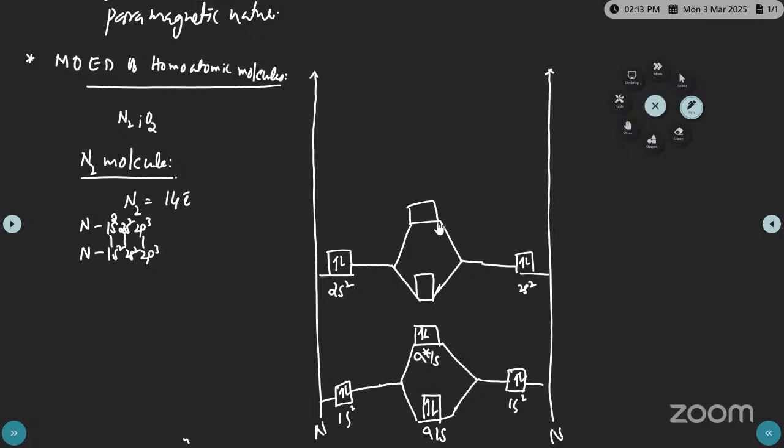So here the linear combination of atomic orbitals leads to formation of sigma bond, sigma 2s and sigma star 2s.